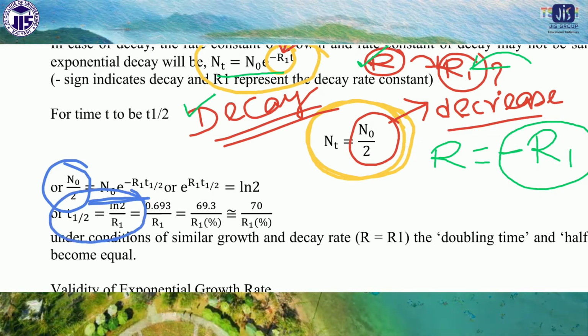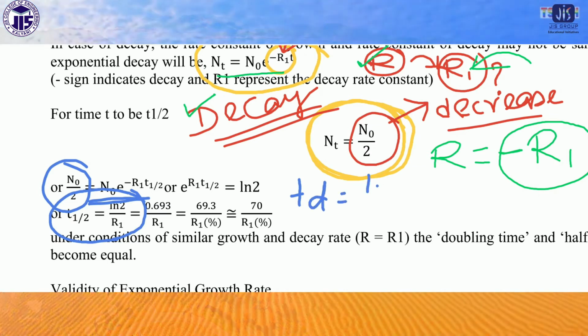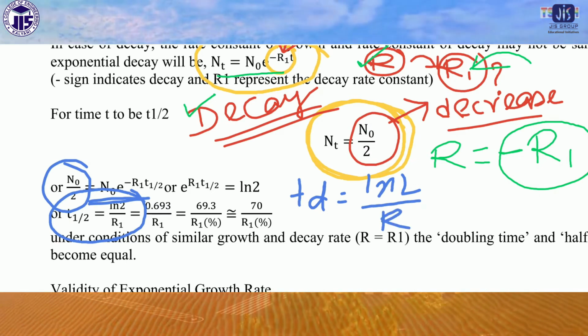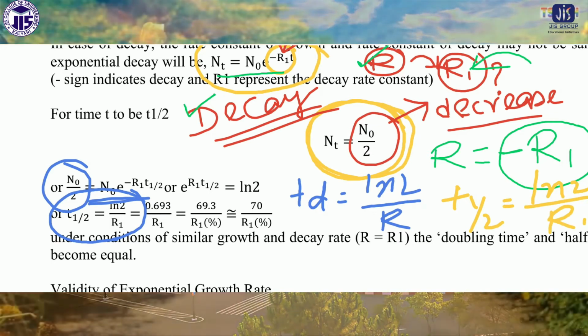Now there is an important fact. What was the value of td previously? td equals ln 2 by r. But now what is the value of T half? T half equals ln 2 by r1.